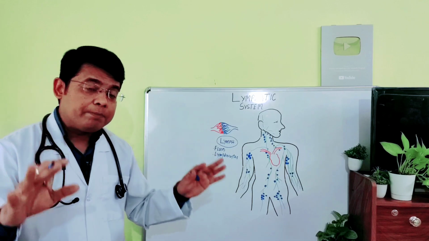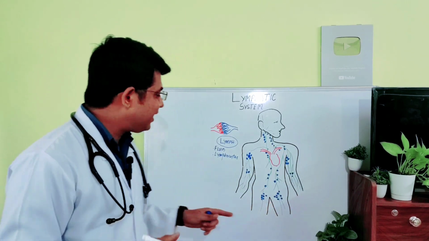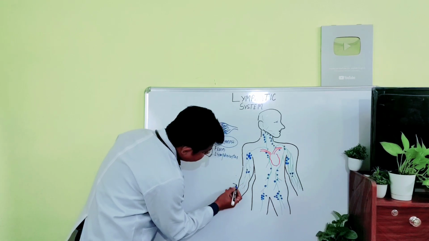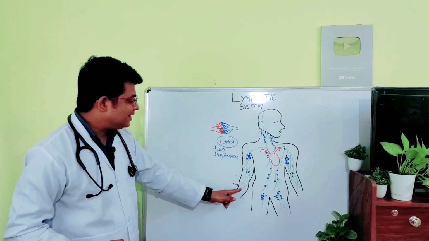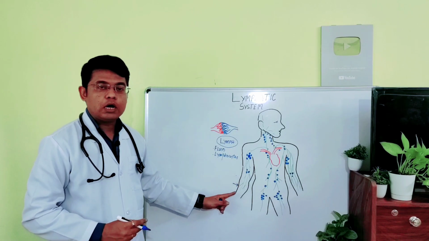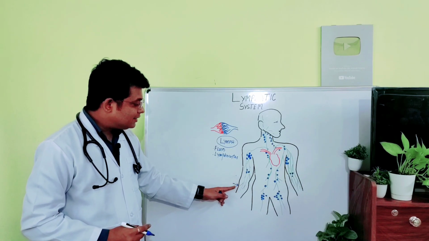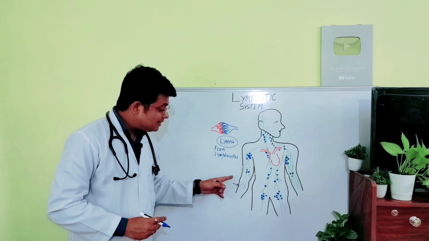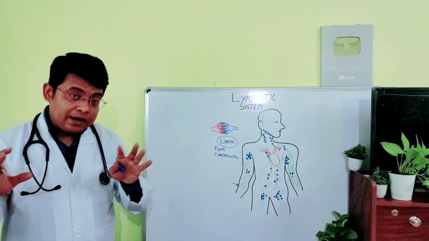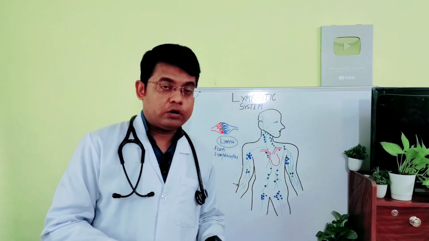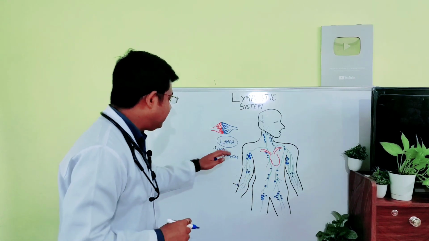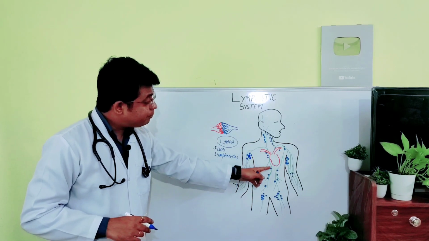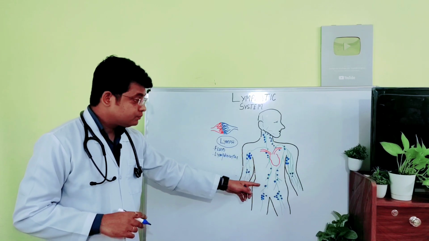Now what happens if there is any kind of injury or trauma to some place of the body? Suppose there is a cut injury, or a trauma, or any infection at this portion of our body. Through the injury, any foreign body or any organism like bacteria can enter our body and spread throughout our body.